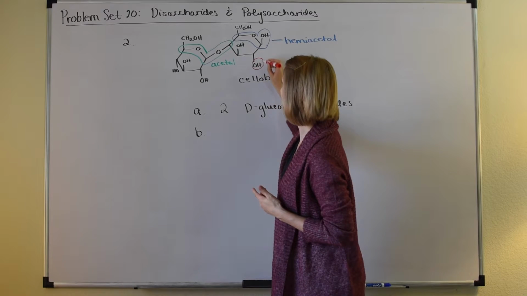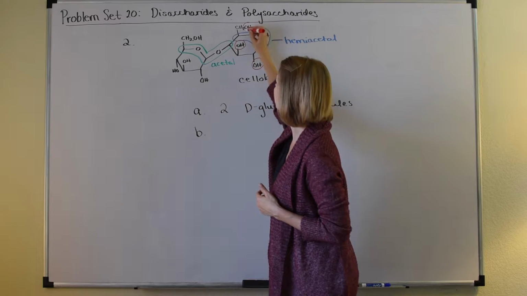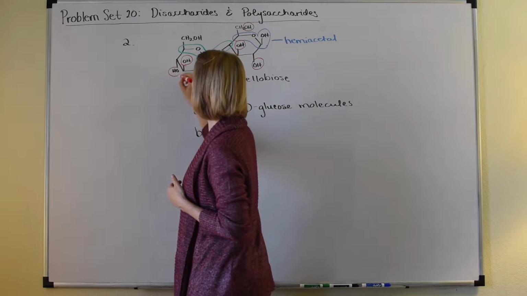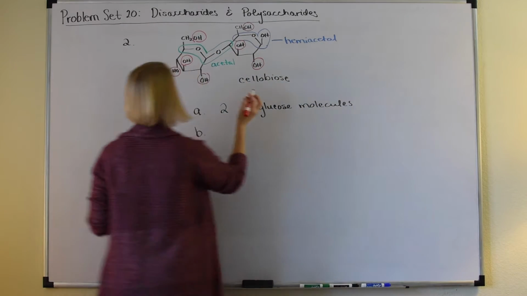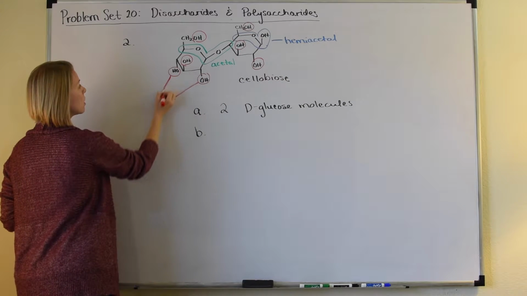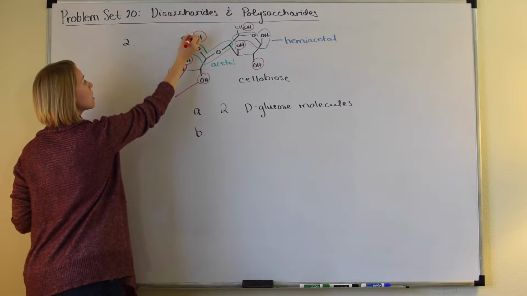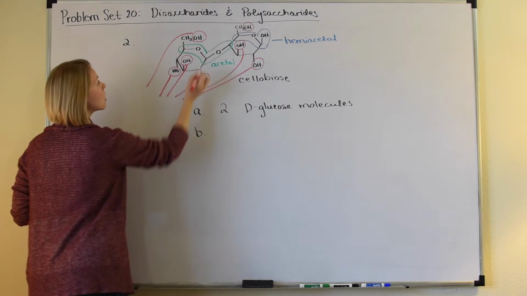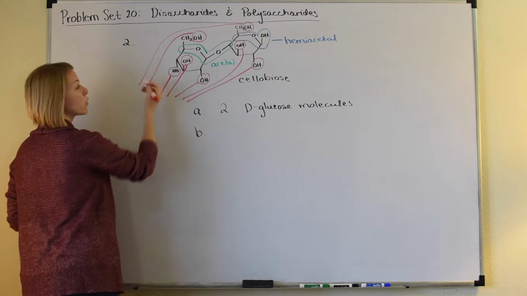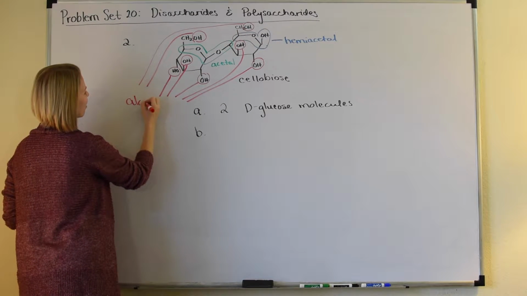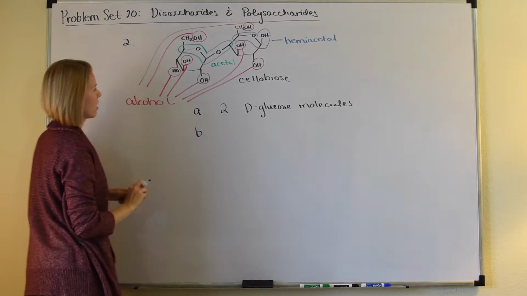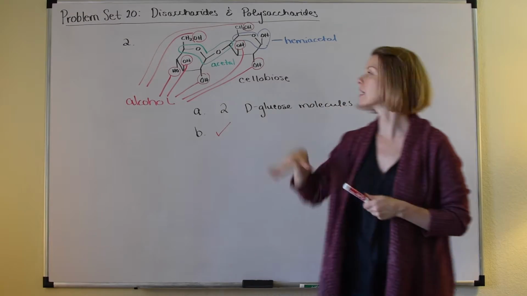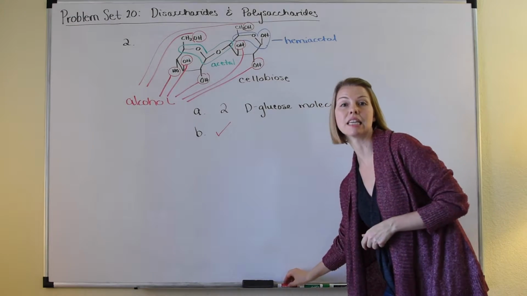So I'll circle all of these OHs, all these hydroxyl groups. And let's draw a line over here. Oh boy, there's a lot of them. And write alcohol. Okay, and I'll just put a check mark here because we did that part in the drawing.